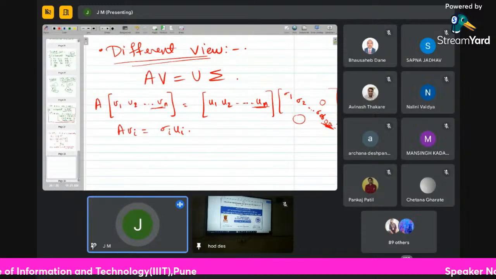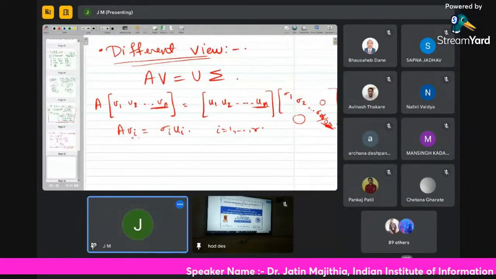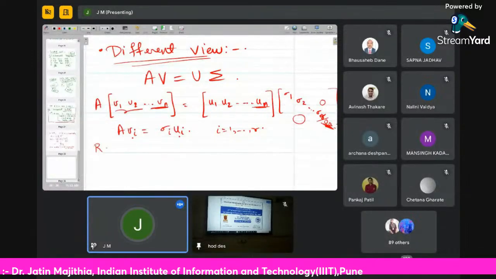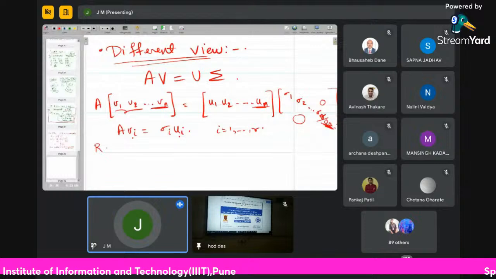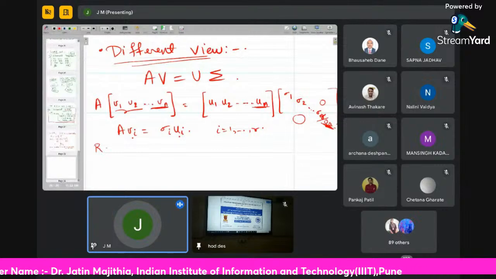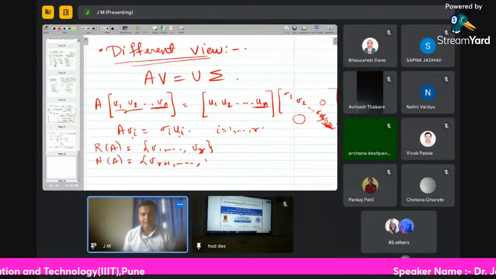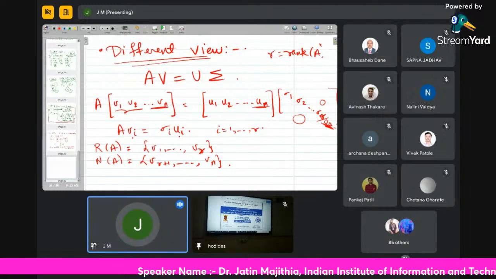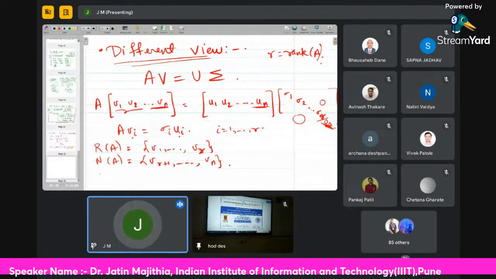Only up to the first r vectors will I have A Vi equal to sigma i Ui, and the remaining vectors will be the basis for the null space of A. So you look for the first r vectors, and those will be the basis for the row space, where r is the rank of the matrix, because I have r non-zero singular values. Then what about the column space of A?